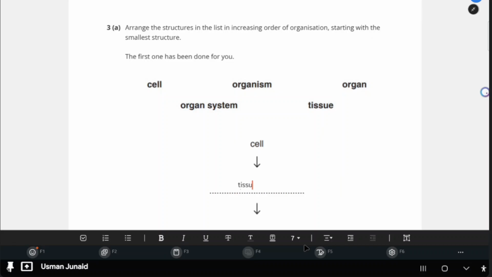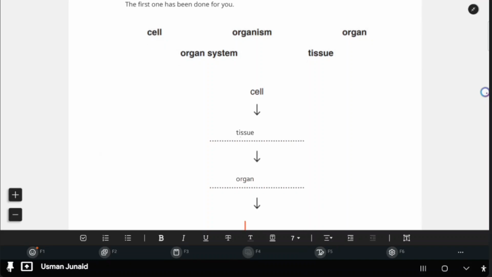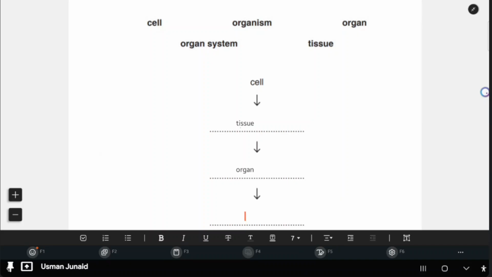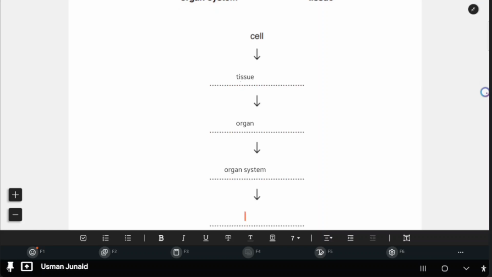So tissue, and then organ, and then organ system, and then organism.